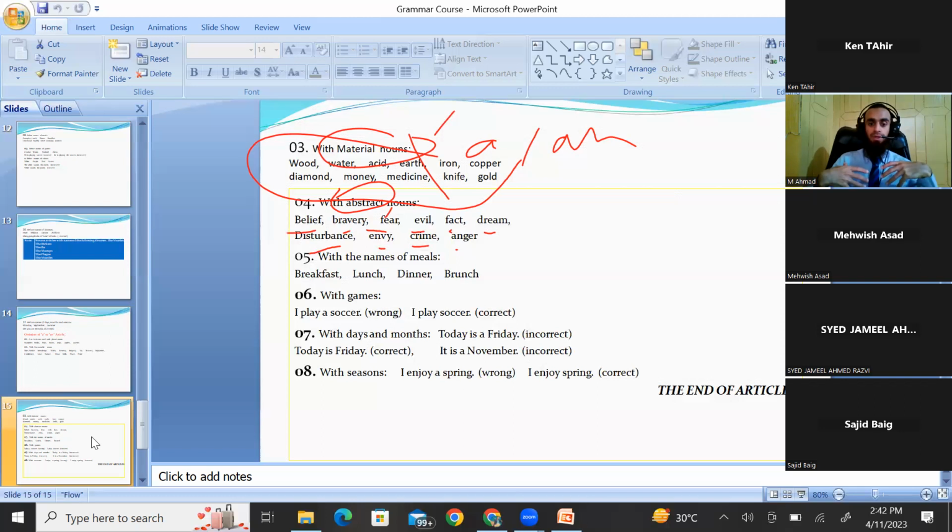Rather, we observe them in our inner sense, like the fear, the evil, the bravery. These are called abstract nouns. Love, hate, right? Before these nouns, we cannot use a, the, or an. No articles should be used before abstract nouns.